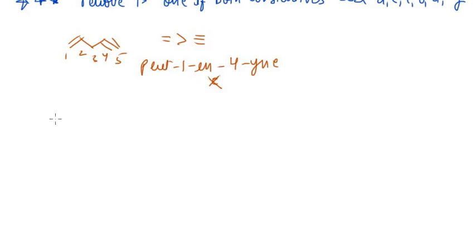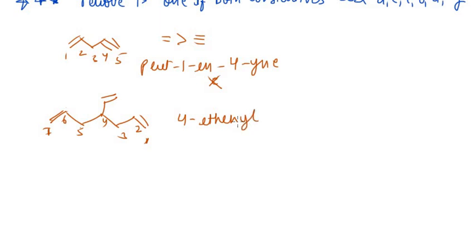Now, if we have alkene as a substituent, 1, 2, 3, 4, 5, 6, 7. Now it is 4-ethenyl.